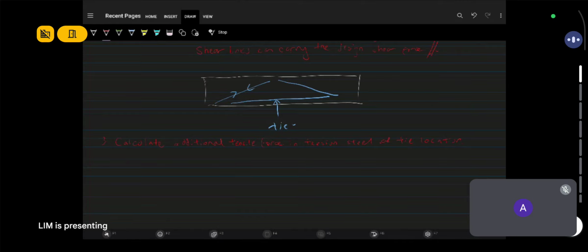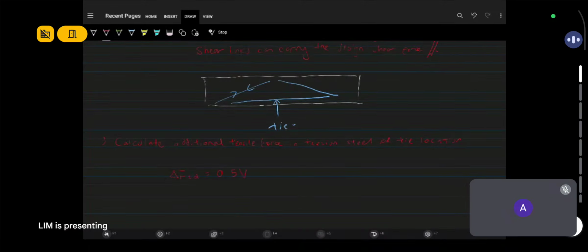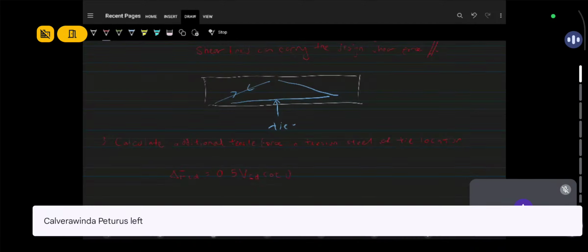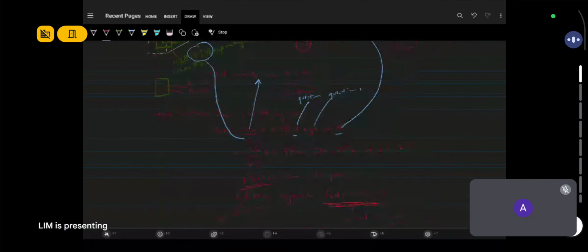So the formula is delta FTD. So this is the additional tensile force, and it's 0.5 VED cot theta. So 0.5 VED, we know VED we calculated earlier.